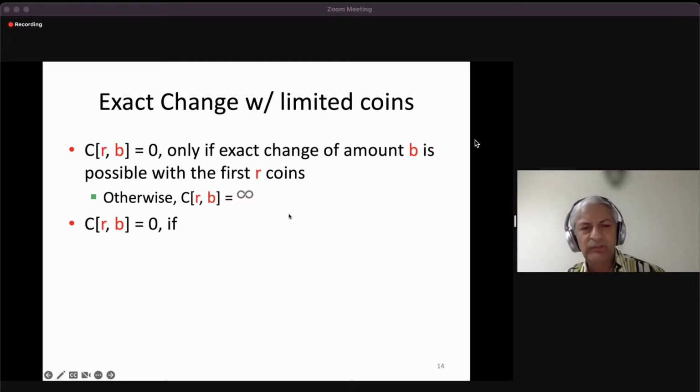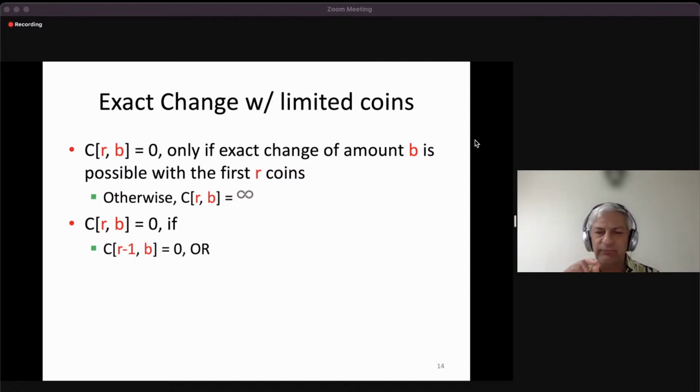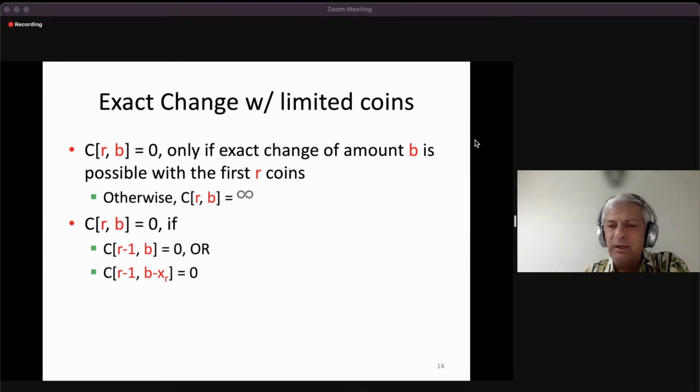It doesn't matter. So in other words, C[R][B], the entry in row R and column B, is 0 if it's a 0 in the previous row of the same column, or if it is a 0 in the previous row, but a bunch of columns to the left, that's off by exactly the denomination that you're looking at.